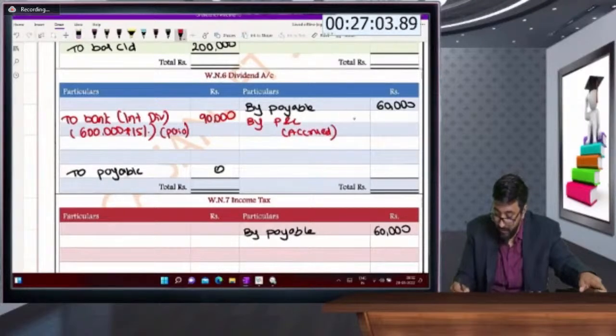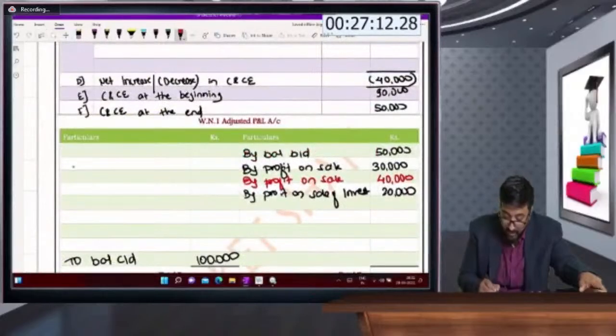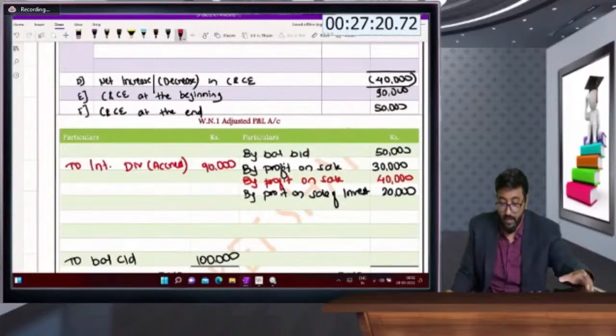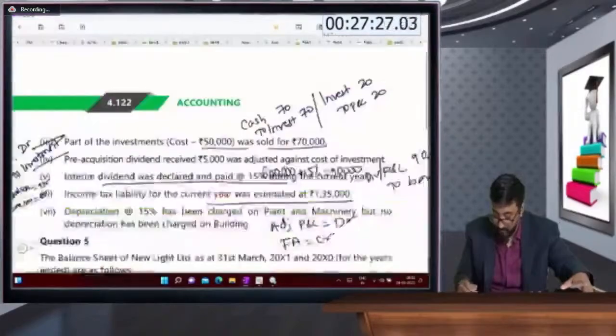So by P&L 90,000 accrued. So this is important, a red pen. And adjusted P&L to interim dividend. This is accrued. First accrued from P&L and then we paid. So 90,000 interim dividend.